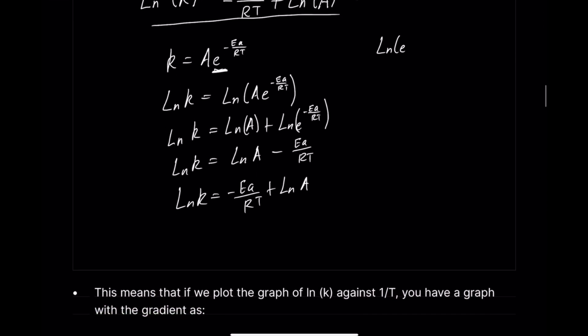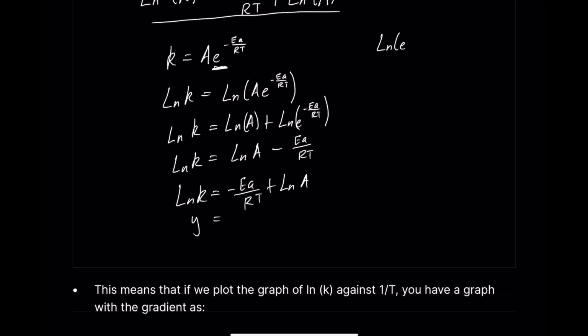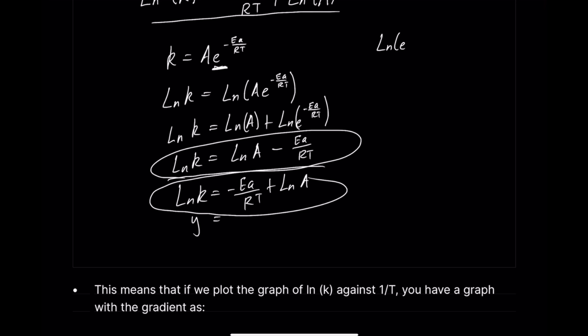If you look closely, we can actually use this as an equation, as in y is equal to, this is why I prefer writing it like this instead of like this. The reason is that we're actually going to use this as an equation.